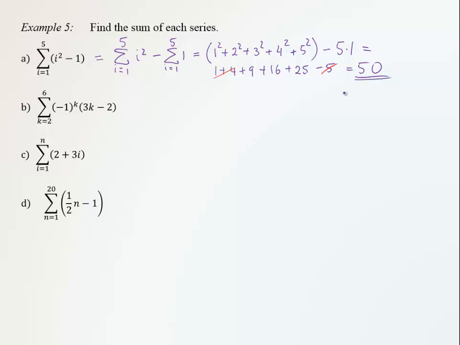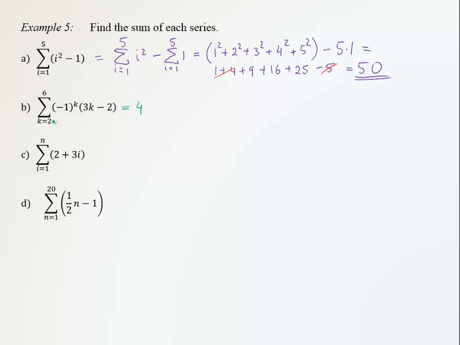That wasn't too painful. Well, the next one is an alternating series, and since signs for each term differ, however there's not too many terms, maybe let's just list those terms. So if k is 2, this becomes positive, and then it's 2 times 3 is 6 minus 2 is 4 for the first term.